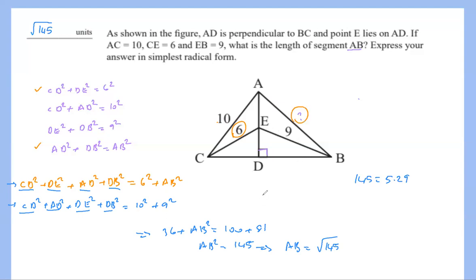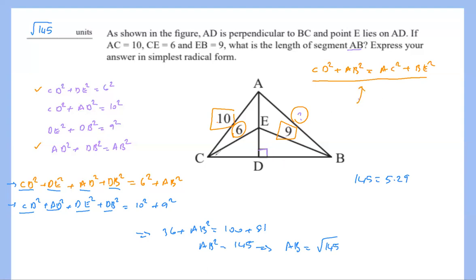So the sum of these two, as a kind of final result, I will say CD squared plus AB squared is equal to the sum of the squares of these opposite ones. So the AC squared plus BE. You don't have to memorize it, but it's a kind of cool fact that is going on. So that is the result.